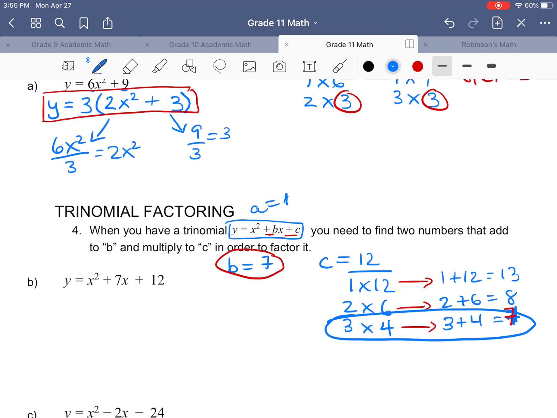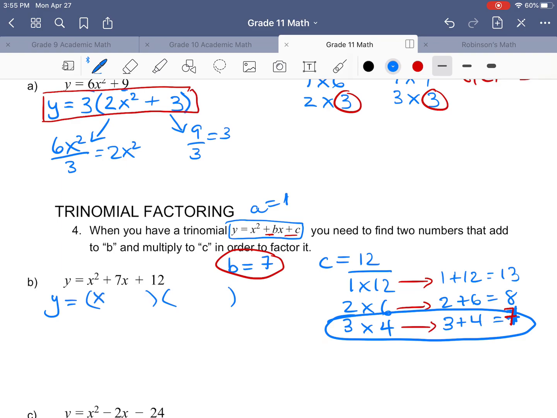Okay, so now that we've found those numbers, we can actually go straight from our standard form to our factored form, and we don't need to show a bunch of calculations in between because we've already done our calculations. So what you want to do is set up your equation like this. Okay, so y is equal to open bracket times open bracket.